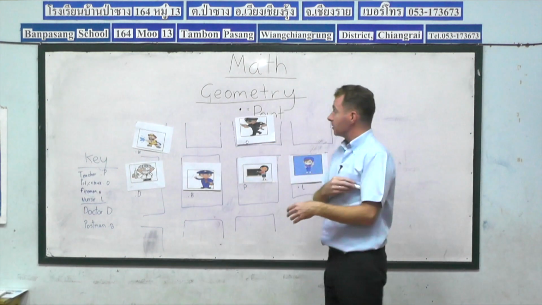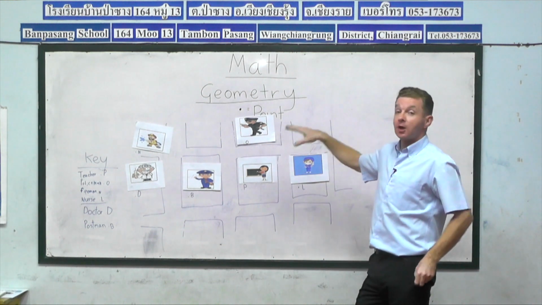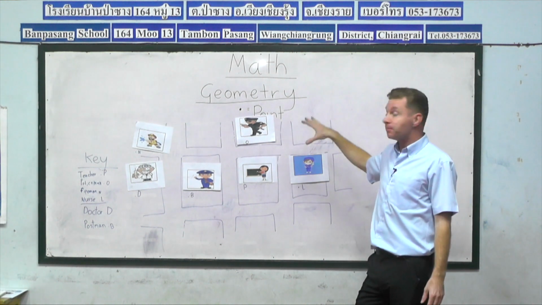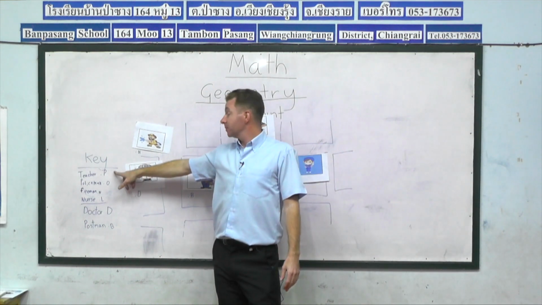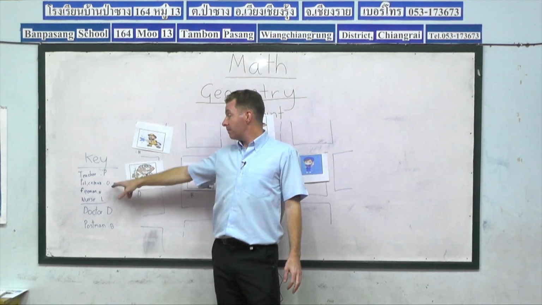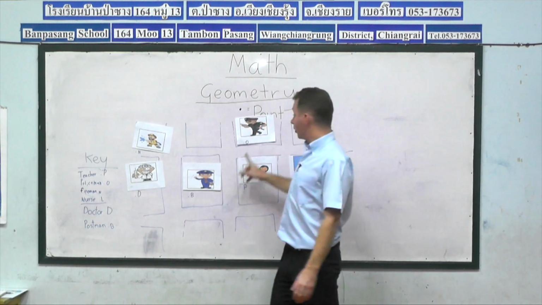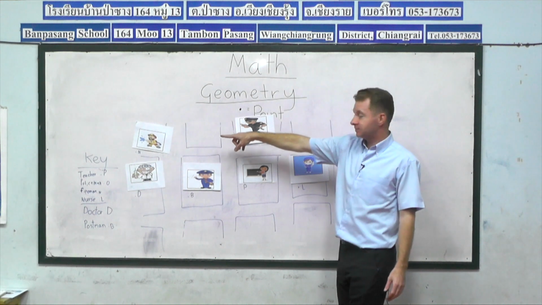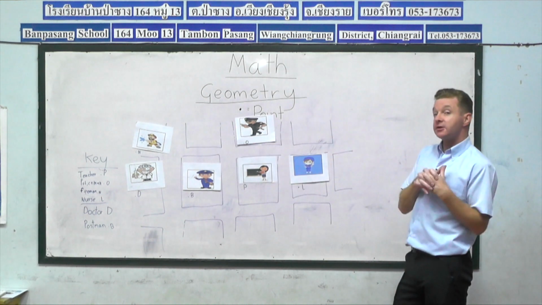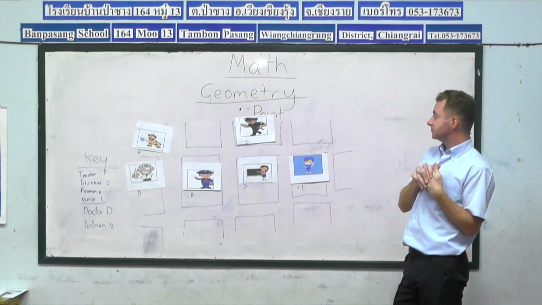And this is how we complete a location map to show the locations of our different people at the different points. Teacher, point P. Policeman, point O. Fireman, point N. Okay, now where is the nurse? What point?